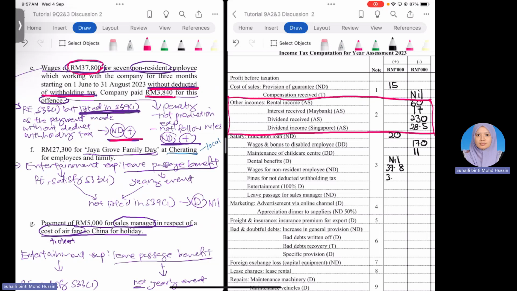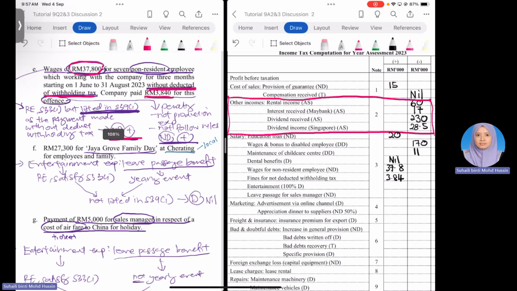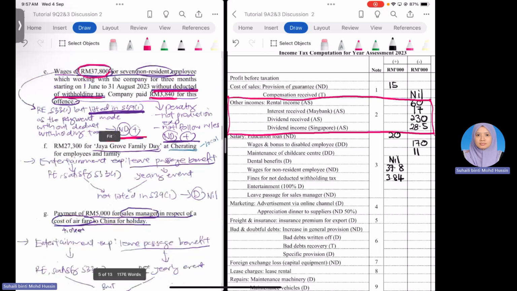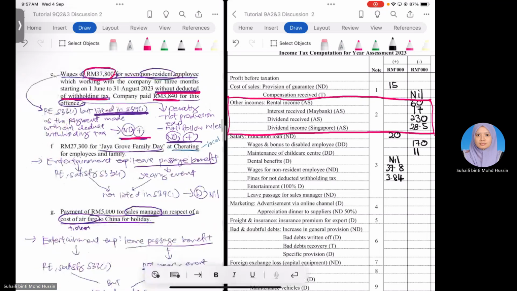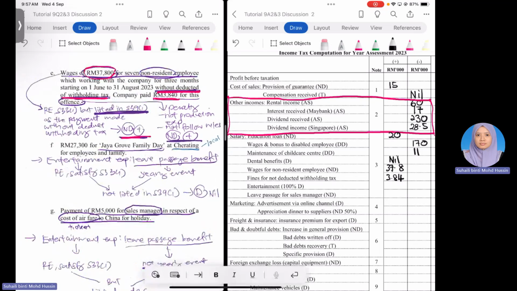So 3,840 ringgit is also considered not allowed for deduction. The amount you paid for the non-resident employee is not allowed for deduction, and the penalty because of this offence is also not allowed for deduction. Okay, 3E.